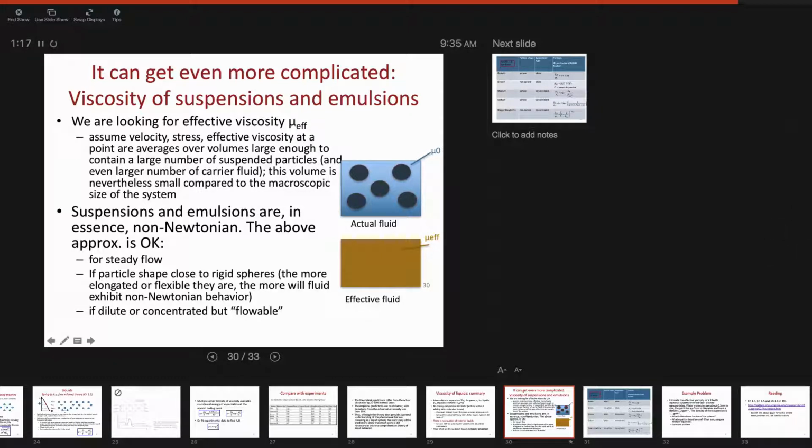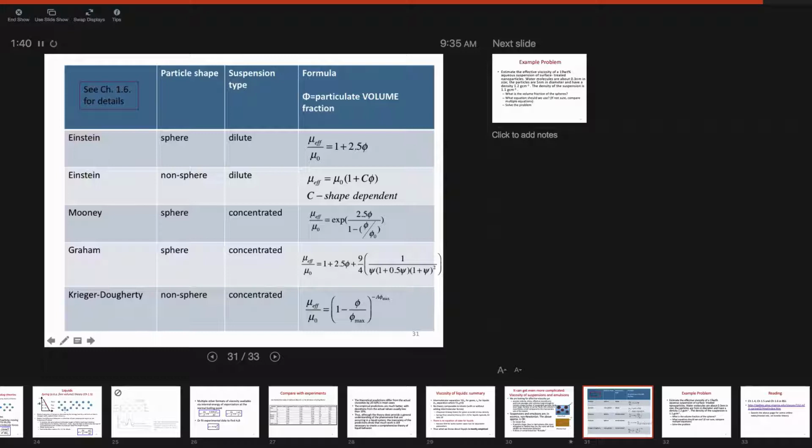So suspensions, also emulsions, are in essence non-Newtonian. We also have a lot of emulsions and foams, so those are other cases of heterogeneous situation where my liquid is not smooth and homogeneous. And as long as they're kind of flowable, we're gonna go and estimate effective fluid viscosity.